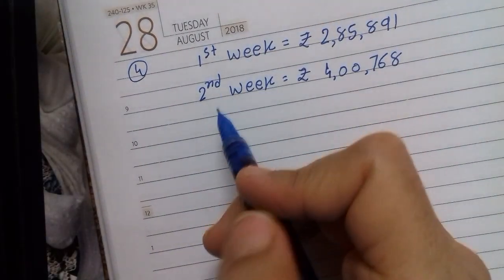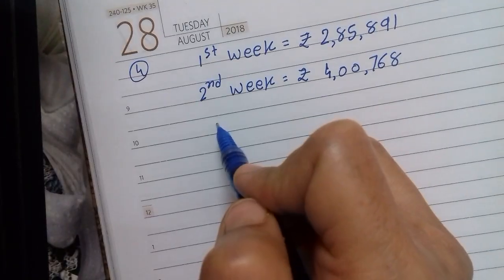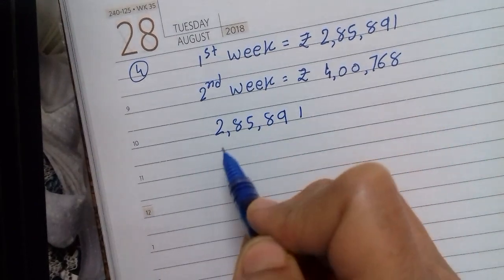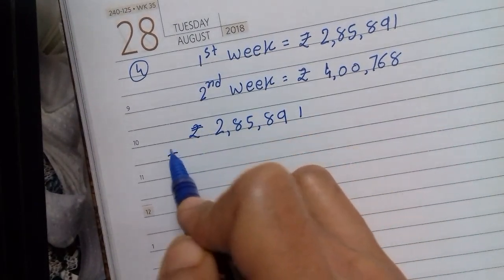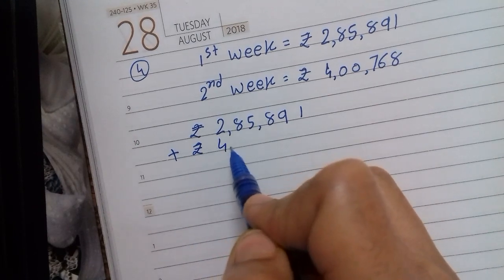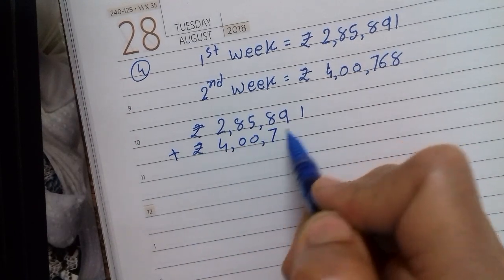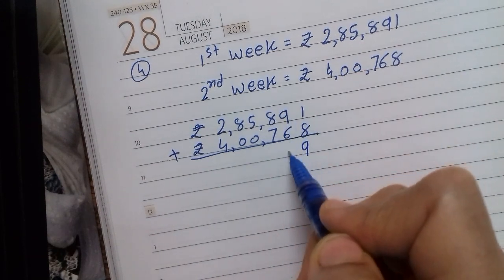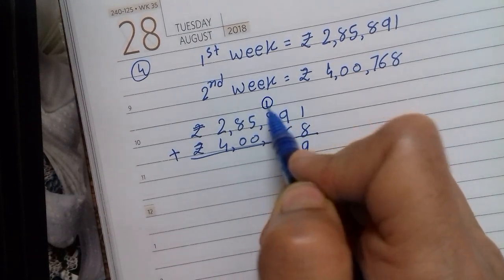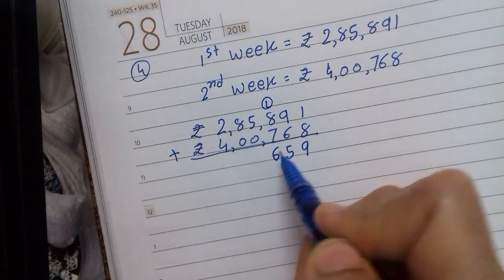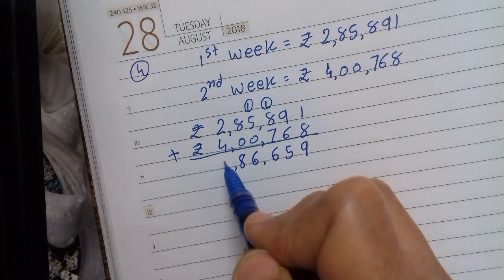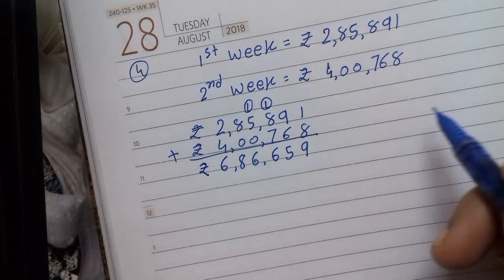So first we will do addition. 2,85,891 plus rupees 4,768. 8 plus 8, 16, 1 carrying... 1 plus 9, 10... 8 plus 1, 9, 9 plus 6, 15, 1 carrying, 8 plus 8, 16, 5 plus 1, 6, 8, 4 plus 2, 6.